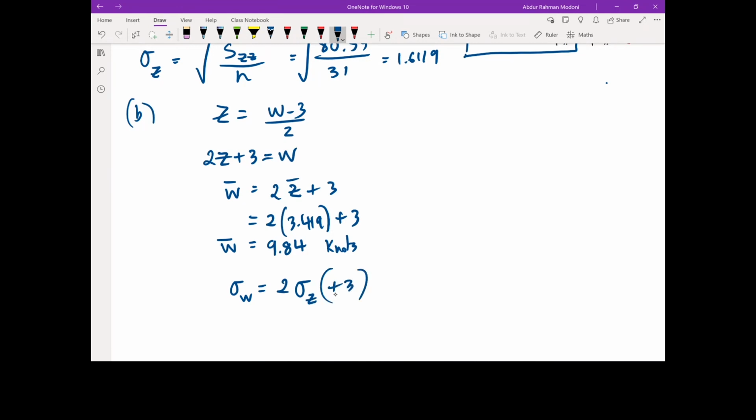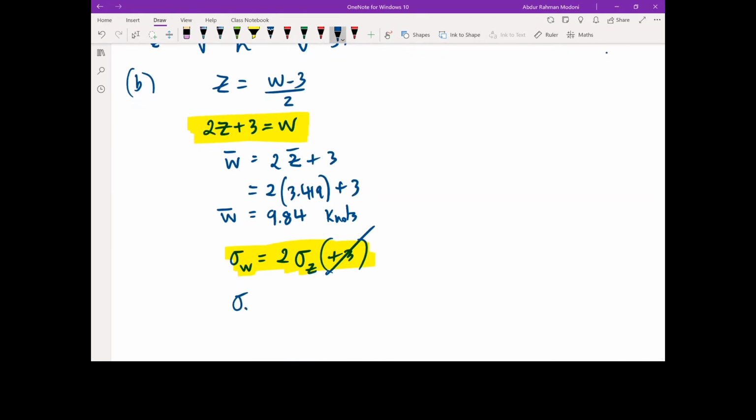Remember, standard deviation is not affected by adding or subtracting. I got this simply from the coding formula: W is equal to 2 lots of Z plus 3, but for standard deviation, adding and subtracting doesn't affect it, so it simplifies to the standard deviation of W is equal to 2 lots of the standard deviation of Z.